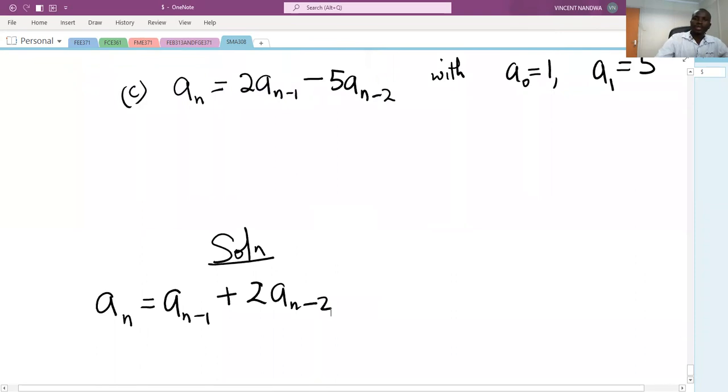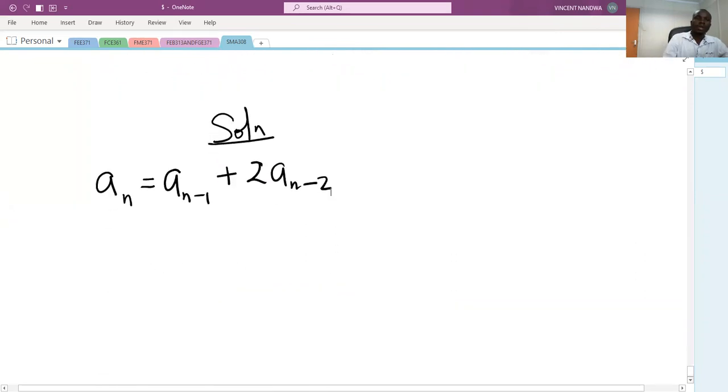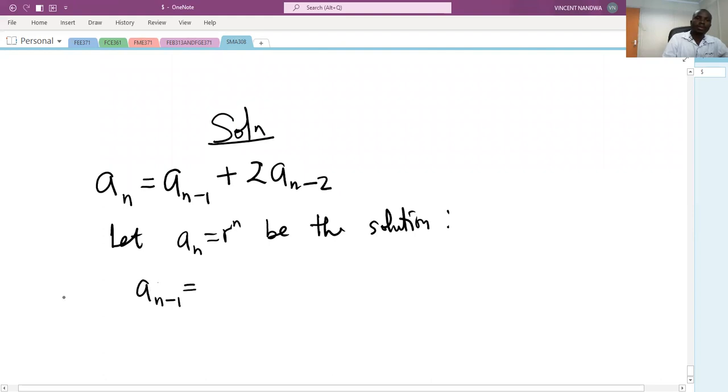First, we assume that the solution to this recurrence relation is a_n equals r^n. So let a_n equals r^n be the solution. Then a_{n-1} will be r^{n-1}, and a_{n-2} will be r^{n-2}, just using this definition.